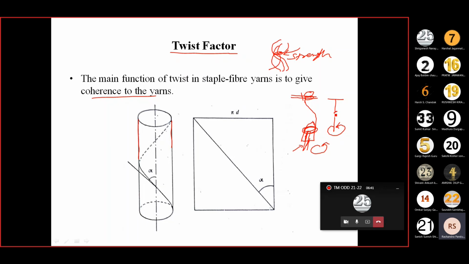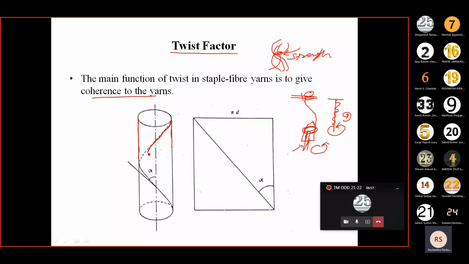It means the fibers inside the structure will start to twist. So it will follow a helical path, and it will settle down in between.